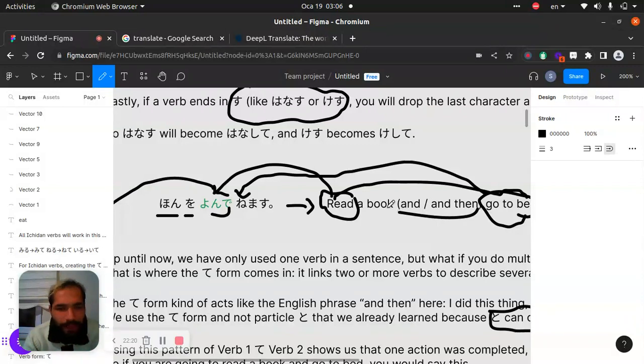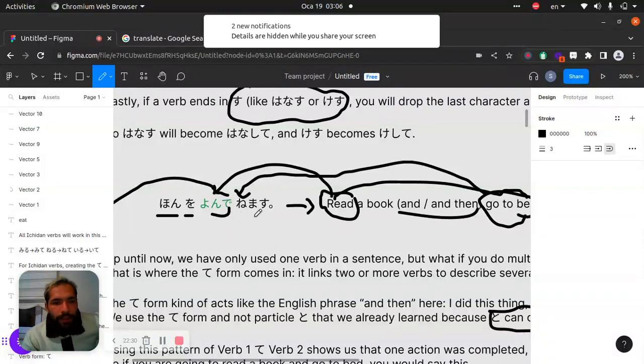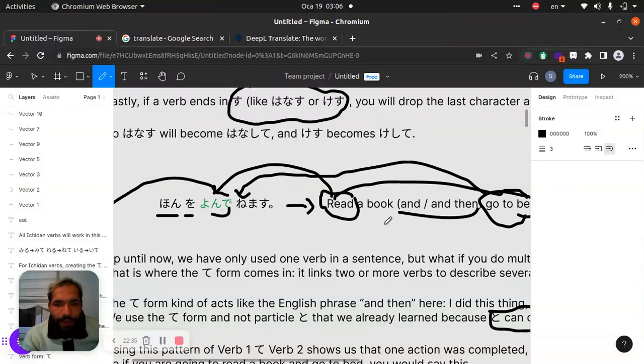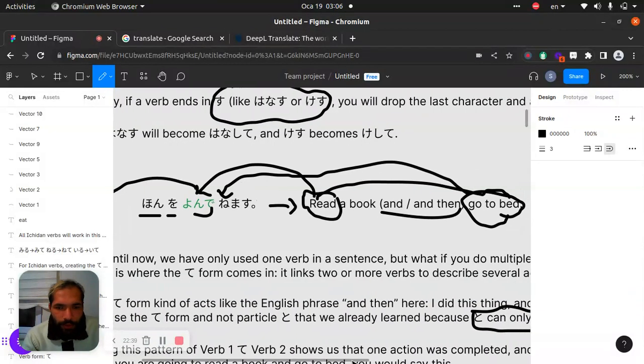It makes it and then nemasu. It means like go to bed. Hon o yonde nemasu. I read a book and then go sleep. Read a book and then go to bed. It works like that. I hope you get it.